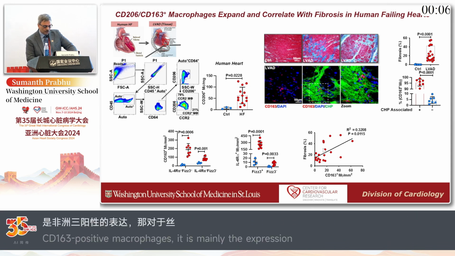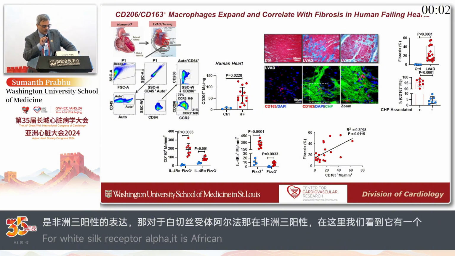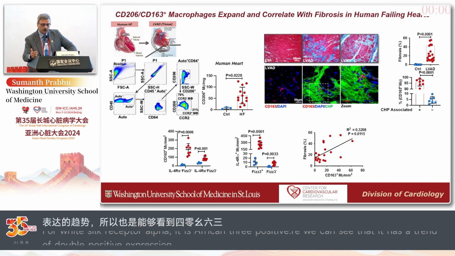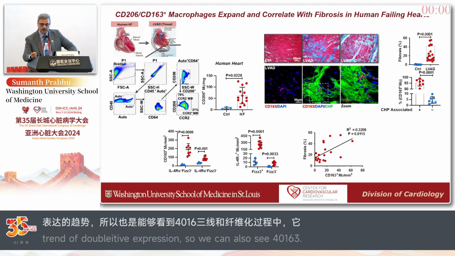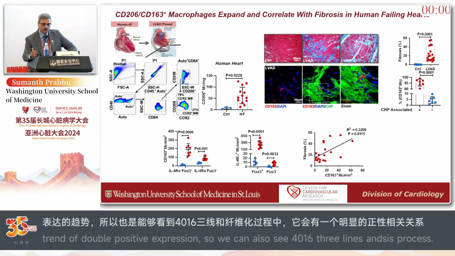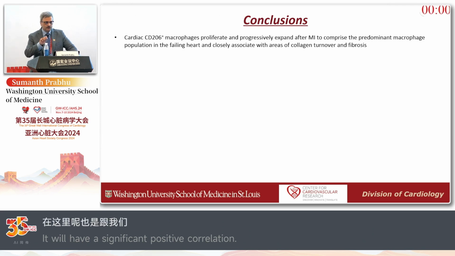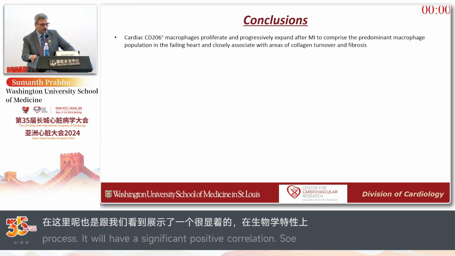And the correlation between CD163 cells and fibrosis is highly significant. So we feel that in human hearts, this macrophage population is also imparting significant biological effects.